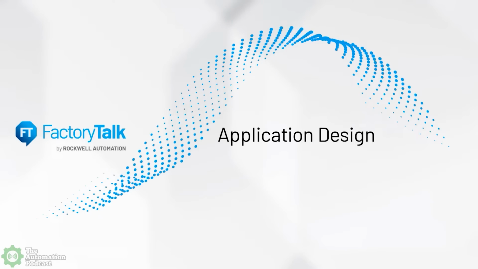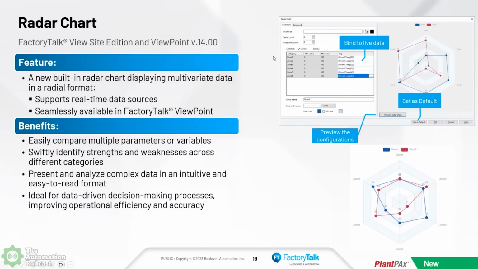Right, let's move over to the next theme, which is application design. Something that has been requested quite often, so we've decided to introduce this as a new object within our product called a radar chart. You have a couple of capabilities in here. You can make multiple series, create multiple categories, and give your series a name.